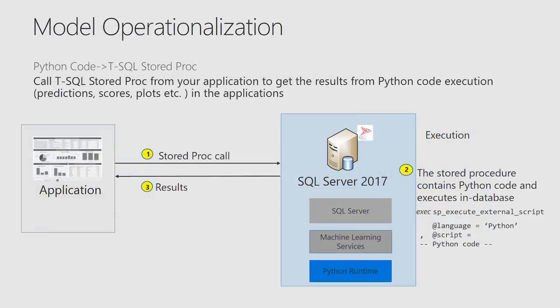And in the case of operationalization, the application is basically connecting to SQL Server and calling a stored procedure. The compute again happens on SQL Server. It leverages the new system stored procedure that we created in 2016, SP execute external script, and it now accepts Python in addition to R code.